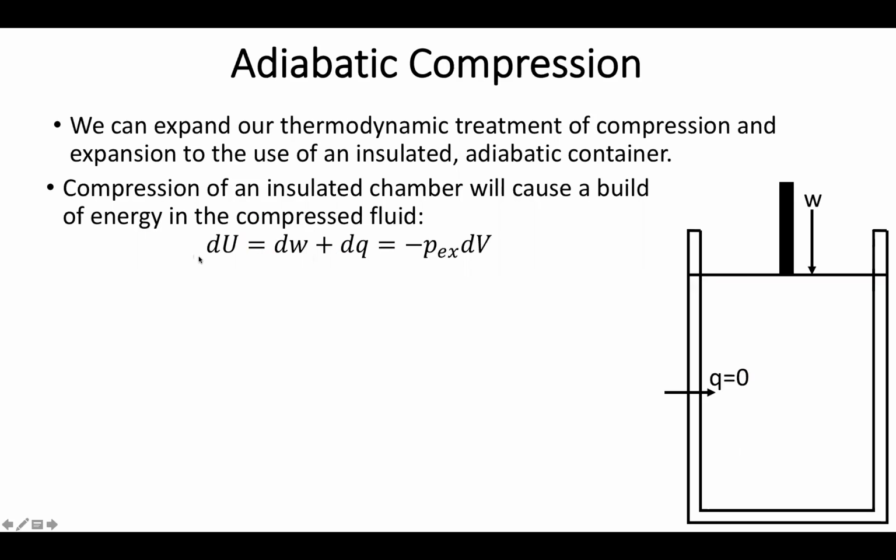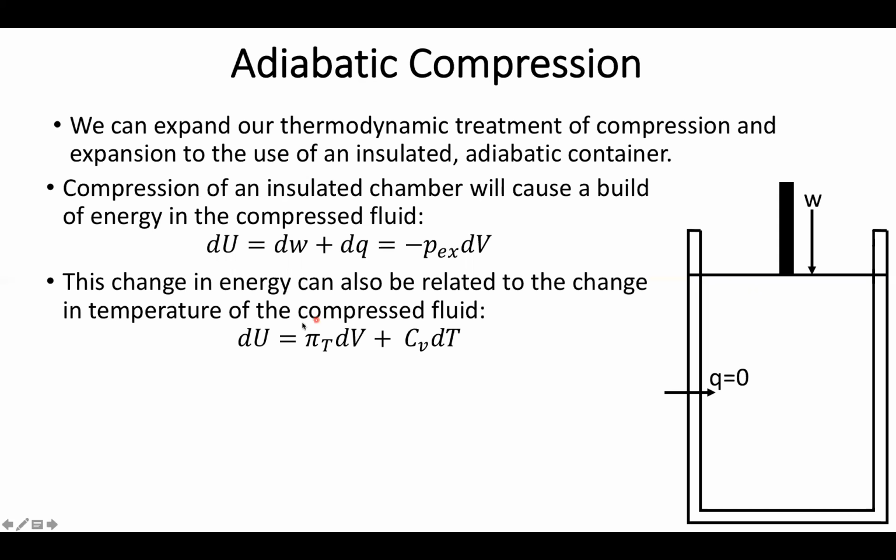So again, our change in internal energy can be expressed as negative PdV, with an emphasis that we're now talking about the external or applied pressure. However, we've also been able to develop another set of equations to describe the internal energy. We can describe our change in internal energy based on our internal pressure and any change in volume, and our heat capacity and any change in temperature.